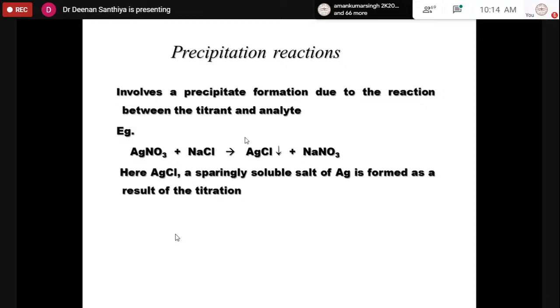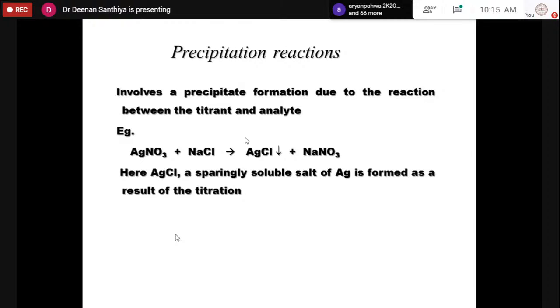Before giving specific examples for iodimetry and iodometry, let me introduce the precipitation reaction. This is a fourth method. Precipitation titration: you take one solution, the primary standard, in the burette and the analyte in the conical flask.